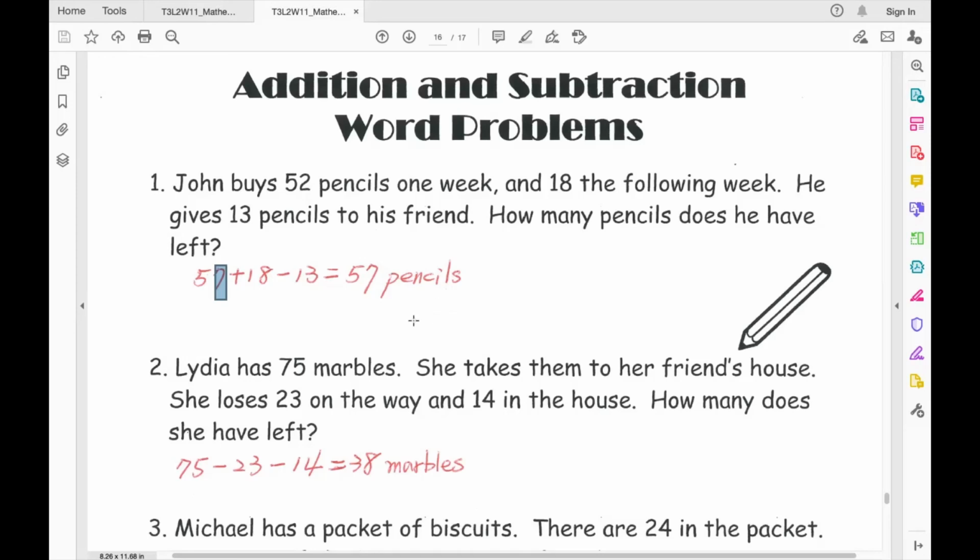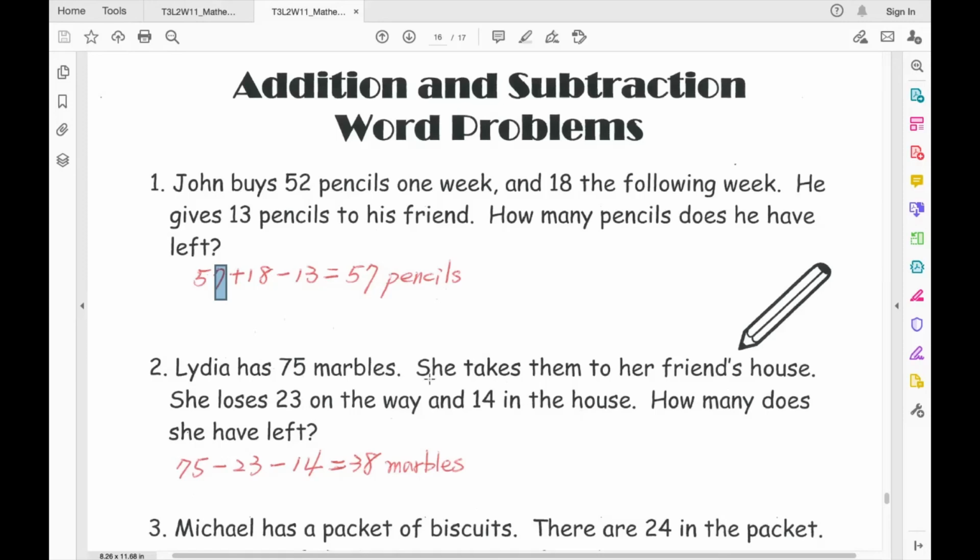Now let's try number 2. So we have a girl here named Lydia. She has 75 marbles. She takes them to her friend's house, and she loses 23 on the way to her friend's house and 14 marbles in her friend's house. How many does she have left?